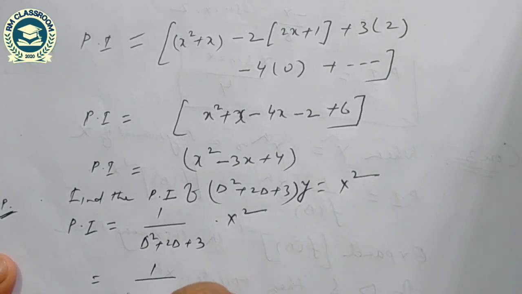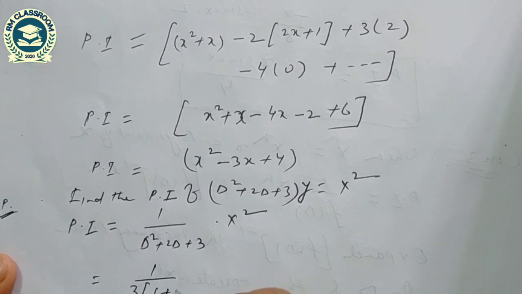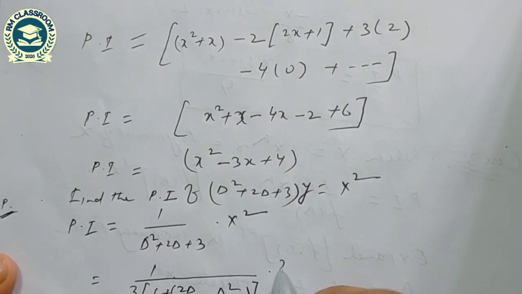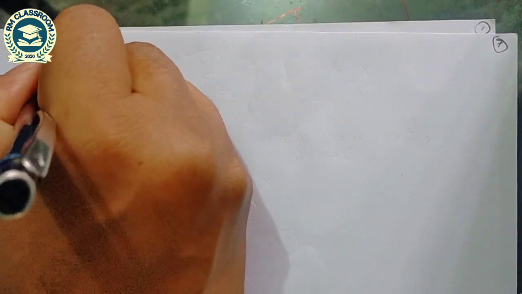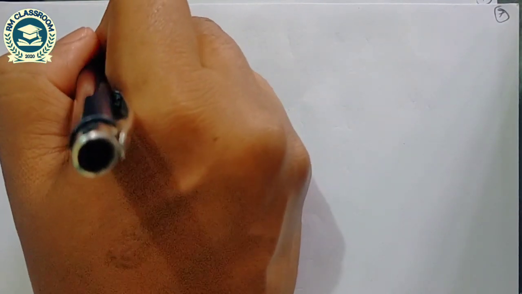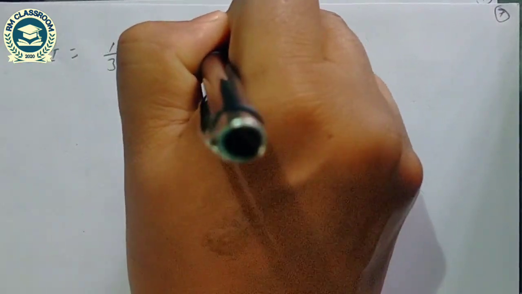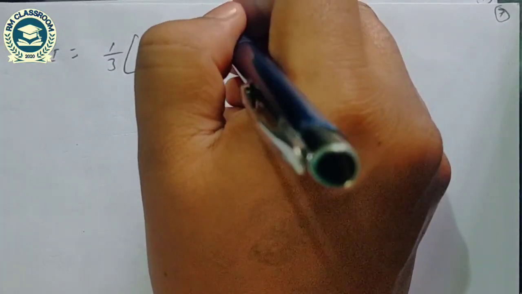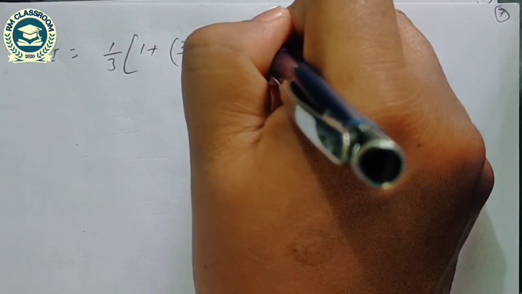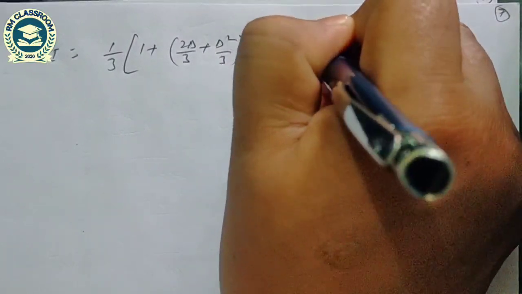Taking 3 common, we can write 1 by 3 into (1 plus 2D by 3 plus D square by 3) to the power minus 1 into x square.